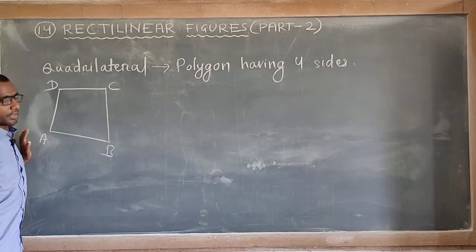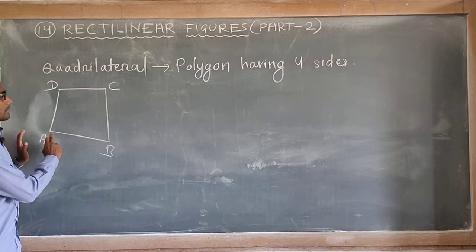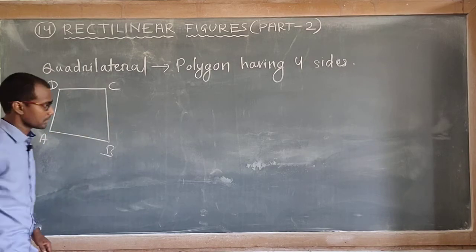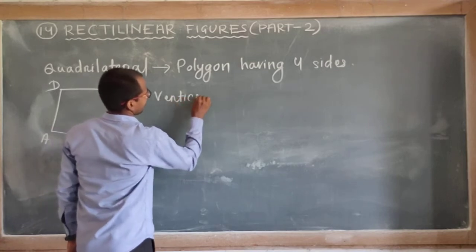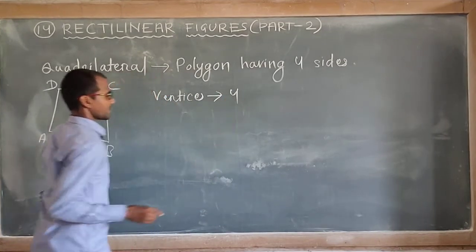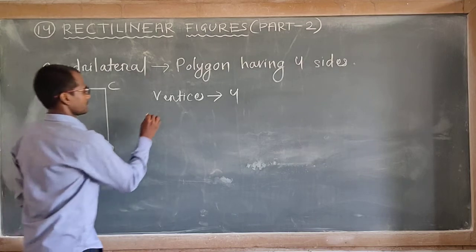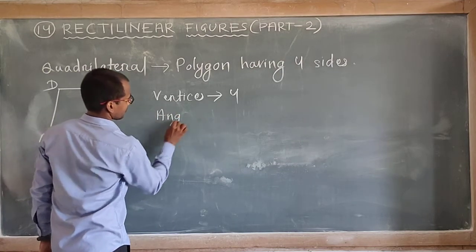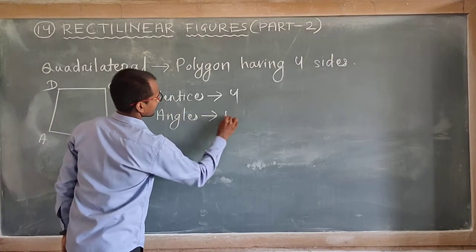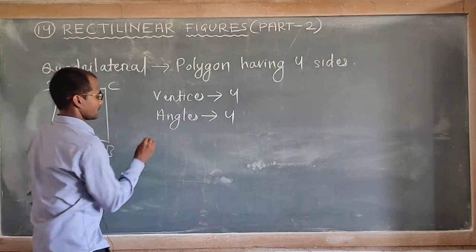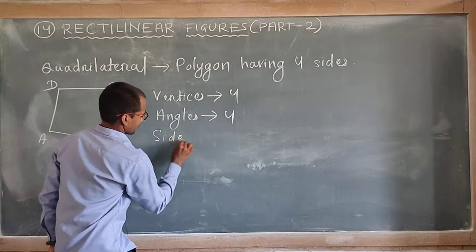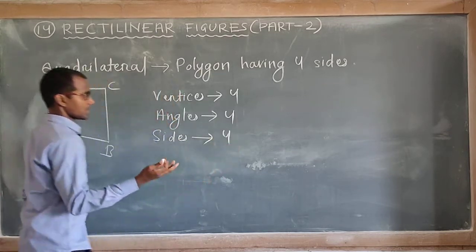Let us draw a rough figure of a quadrilateral. Suppose ABCD is a quadrilateral. How many vertices are there? 4. Vertices 4, as you can see. Angles also 4: angle A, angle B, angle C, angle D. Sides 4.